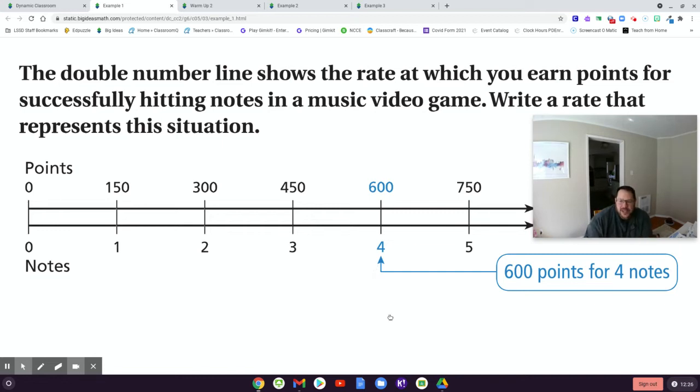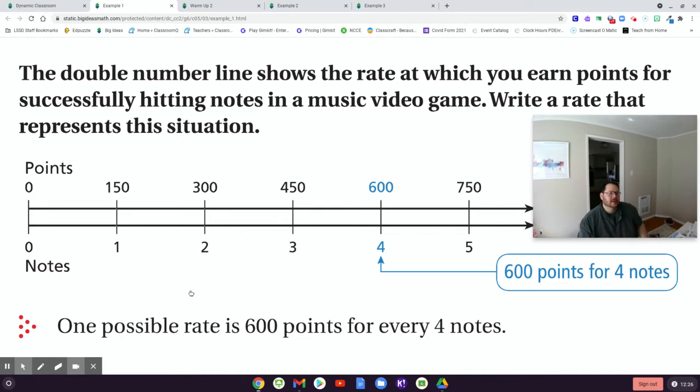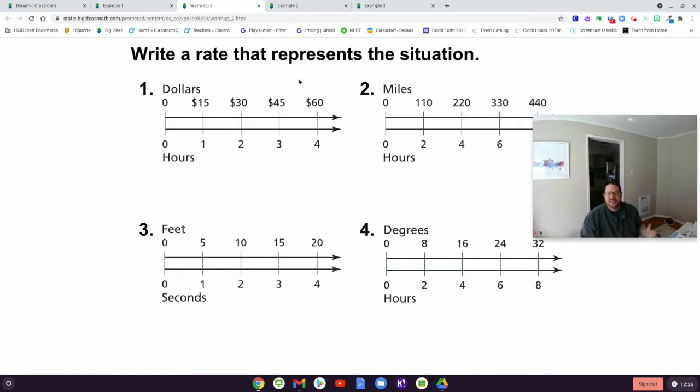What is the unit rate for this situation? Okay, so in this case, the unit rate is the number of points per 1 note, and that is this 150 points per 1 note. Okay, so all of these are rates, but the unit rate is this one where the number of notes is 1.